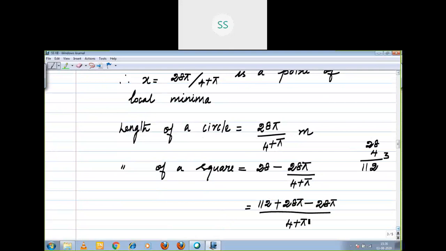You are taking LCM. So this and this cancel. You arrive at 112 by 4 plus pi meter. Right, children? Whether you people understood or not. I hope you people understood. You have to go through again. Right? Thank you, children.